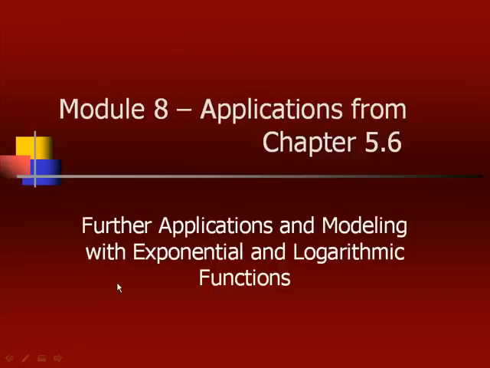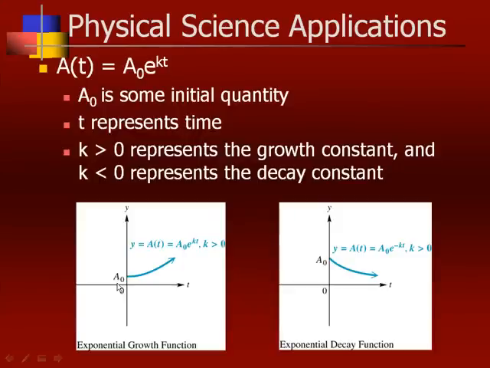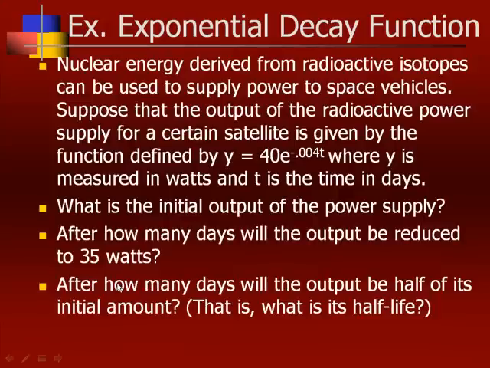Either way you go. Now, Module 8 is just some applications from Chapter 5.6. One physical science application: anytime they're talking about exponential growth or exponential decay, then we use a formula based on e to some power.